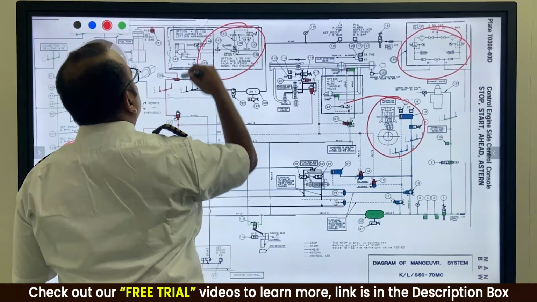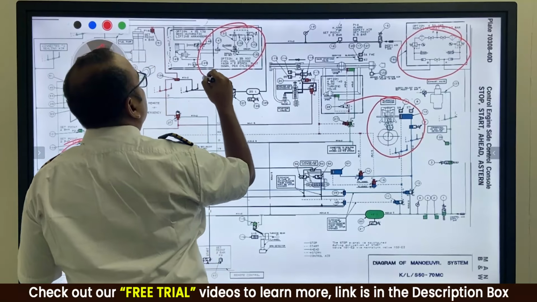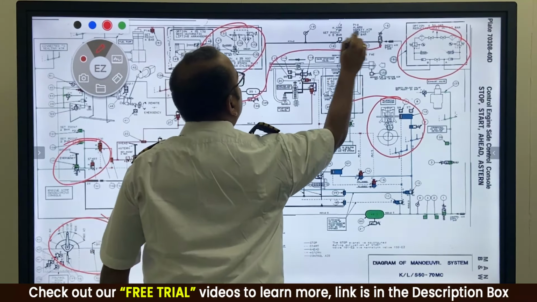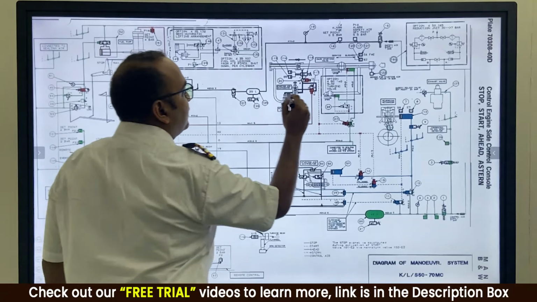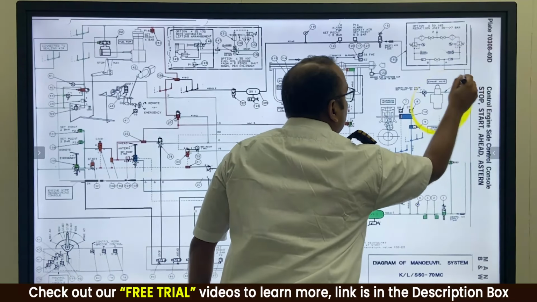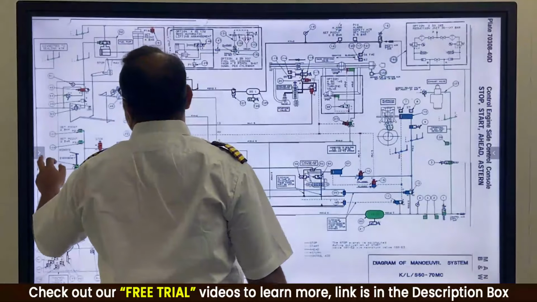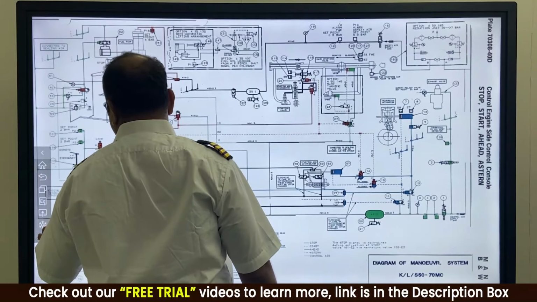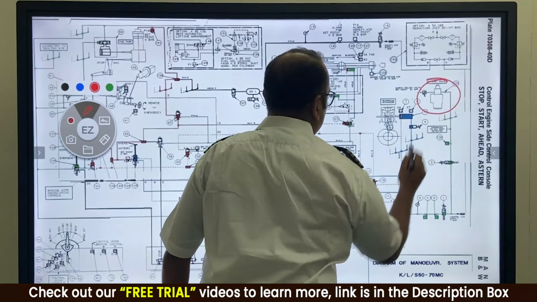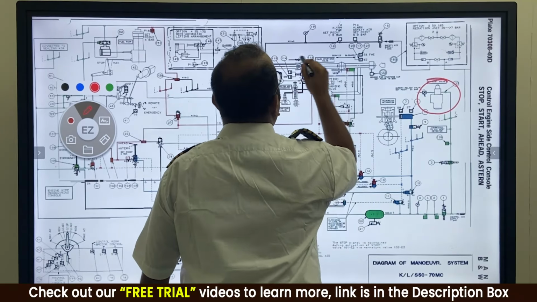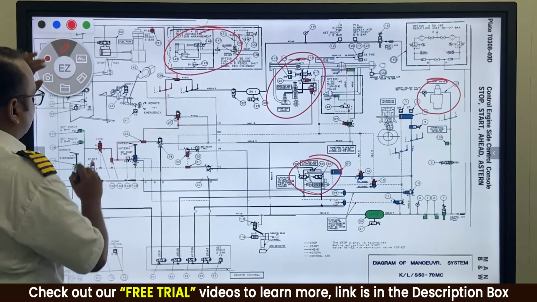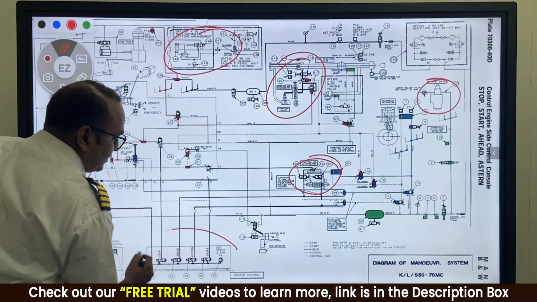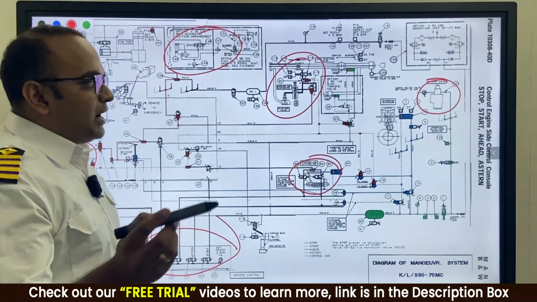Some part of the safety system here, some part of the safety system in this line. It is connected with the exhaust valve closing. So you can see so many systems and parts.